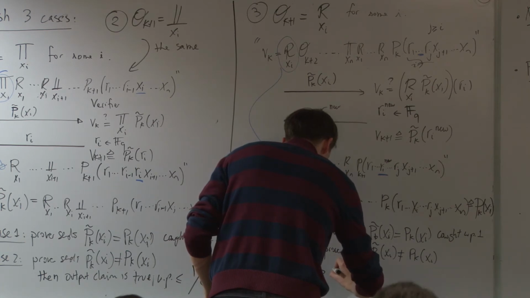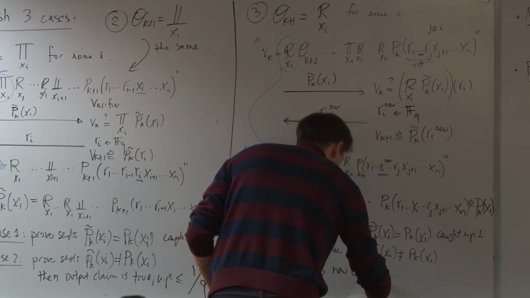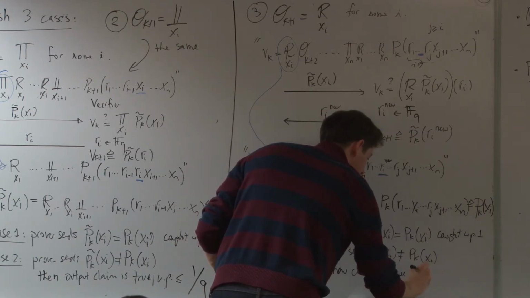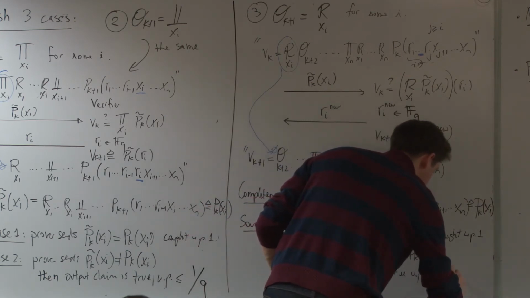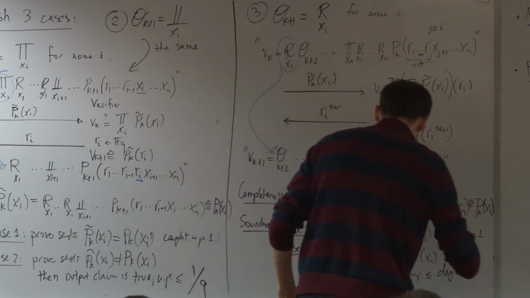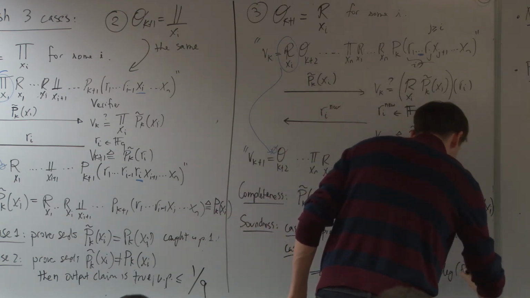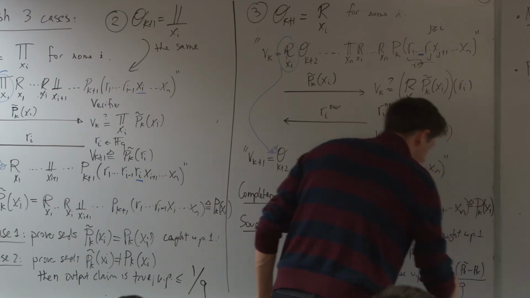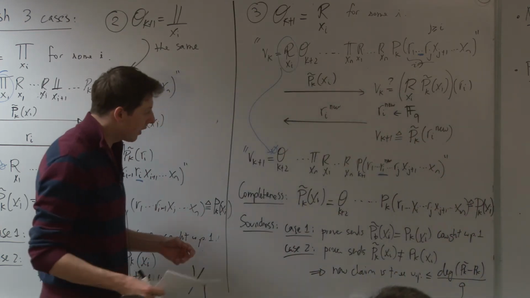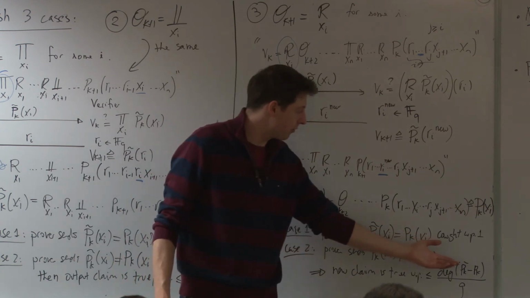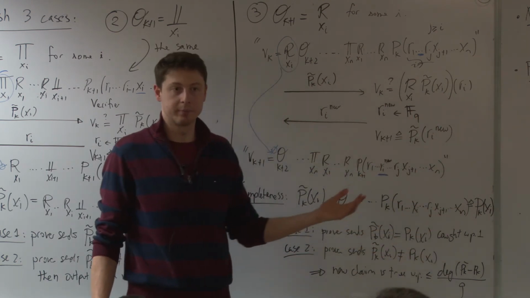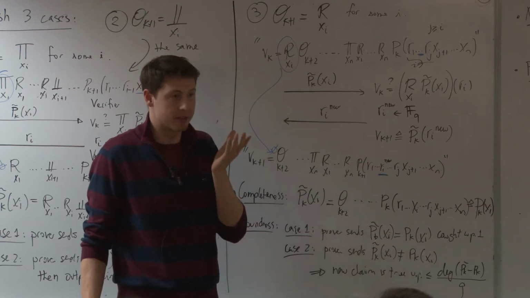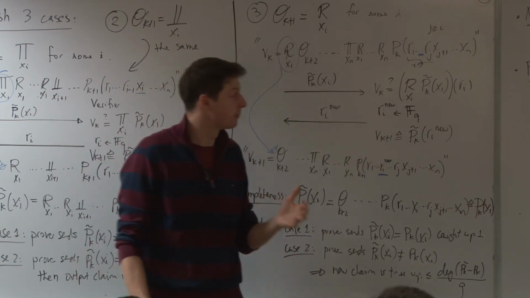We're going to say that a new claim is true with probability at most the degree, to be precise, I guess it would be pk tilde minus pk, or either of them really, over q. And what is the degree of pk or pk tilde? It depends, okay? It depends where we are in the protocol.